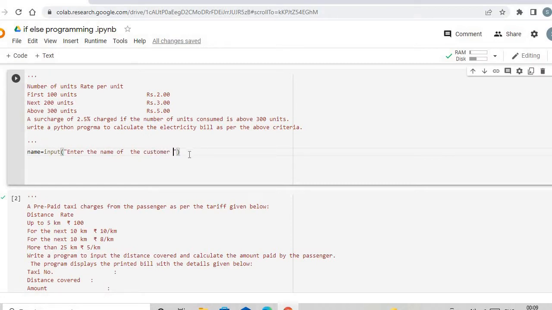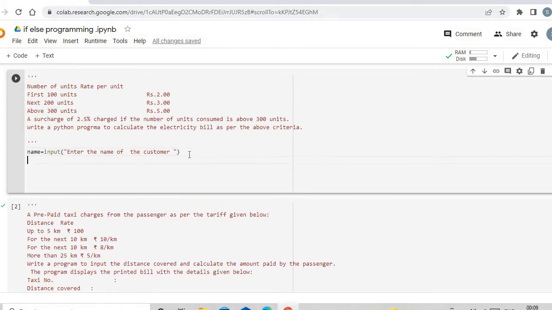In the next line, we are going to take the number of units consumed. The variable name is unit.